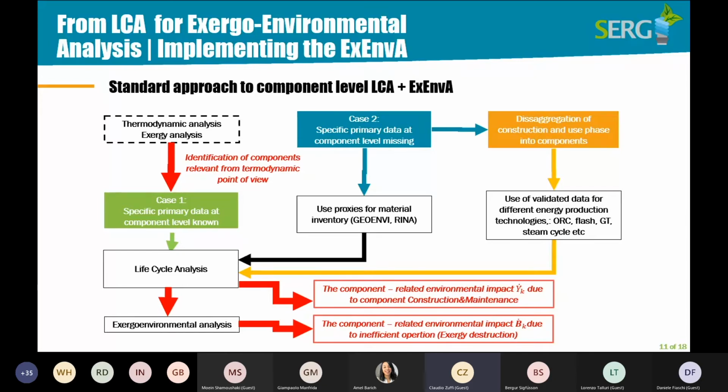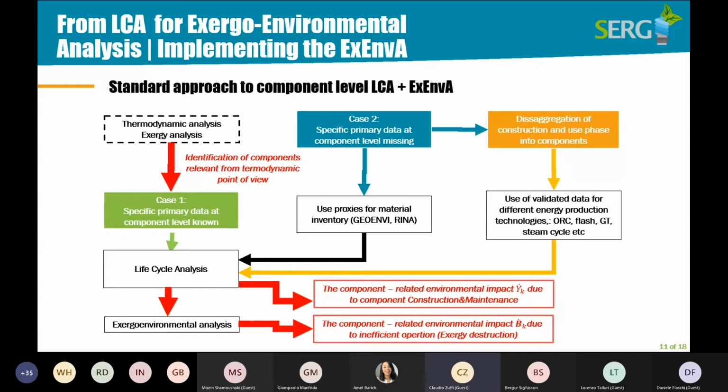Unfortunately, in many cases, it happens that no specific data are available. In this case, we can model the life cycle inventory using proxies, for example, those developed within GEOENVI or RINA.